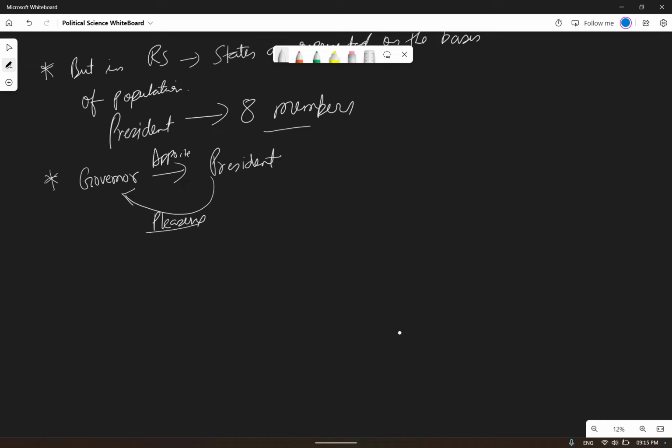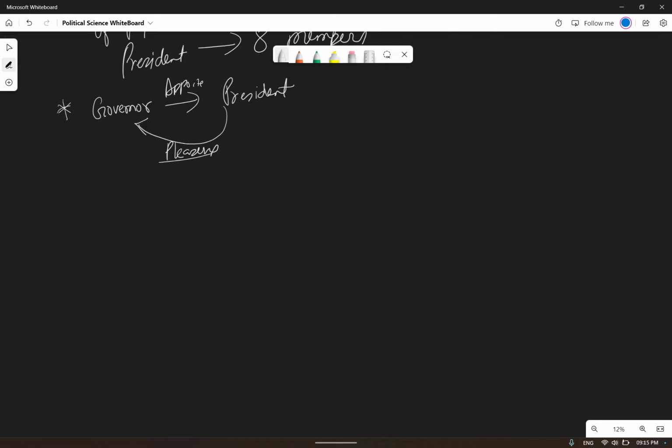So if the president wants, he can remove the governor at his will. But yes, the president also works on the aid and advice of the council of ministers, the cabinet, that is, the prime minister. So yes, a governor works at the pleasure of the president.